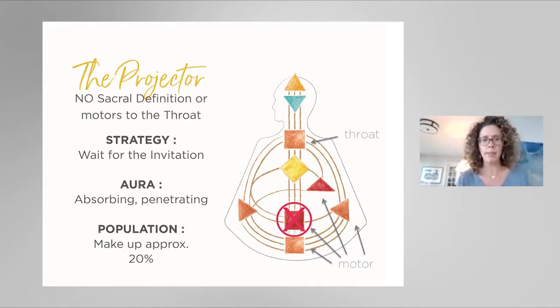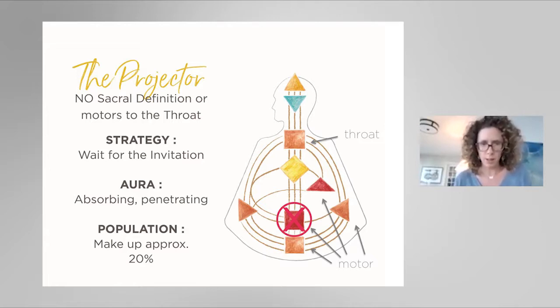Of all the 9 centers, this one for sure won't be colored in on a projector chart. Another thing about a projector is that they don't have any of the 4 motor centers, which are these 4 here. Motors being the ability to generate action and move. Motor to the throat. They have no motor to the throat connection.